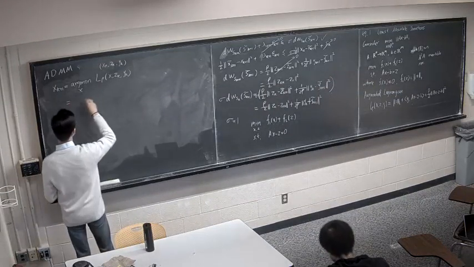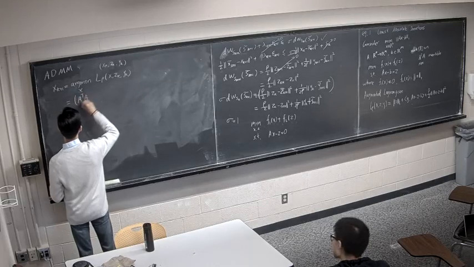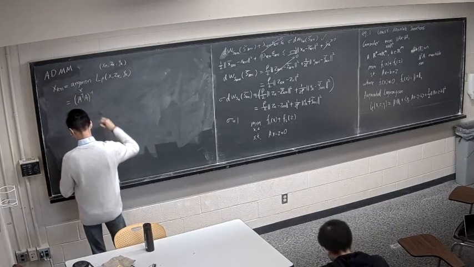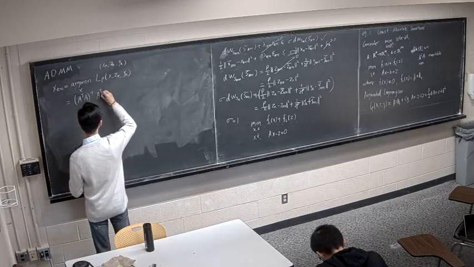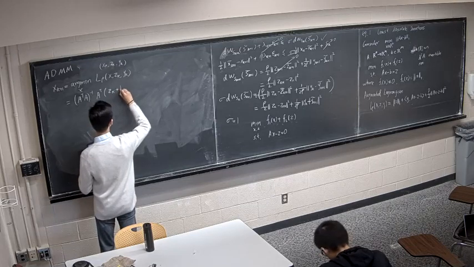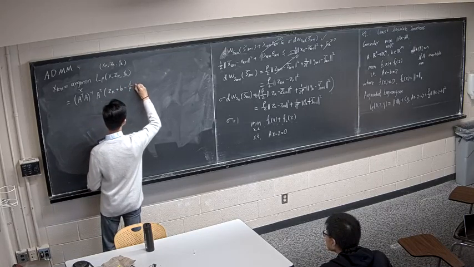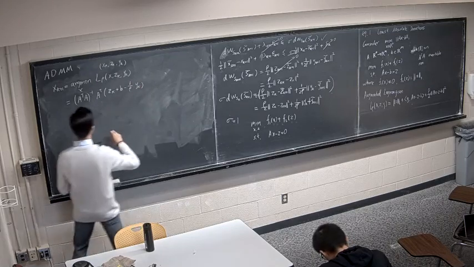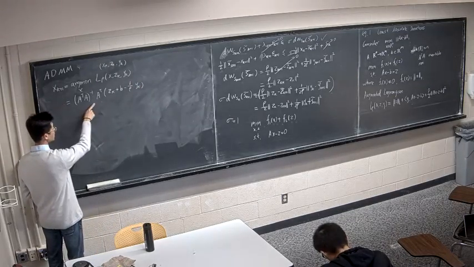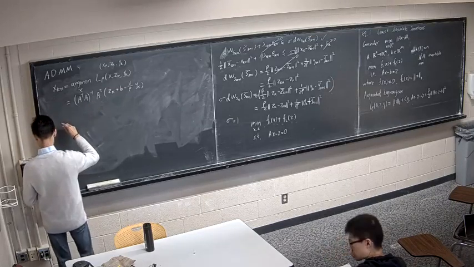Hence, we can solve the quadratic equation. Then we get the solution of x. You can check xk plus 1 is exactly this solution, because this is a solution to the quadratic function.